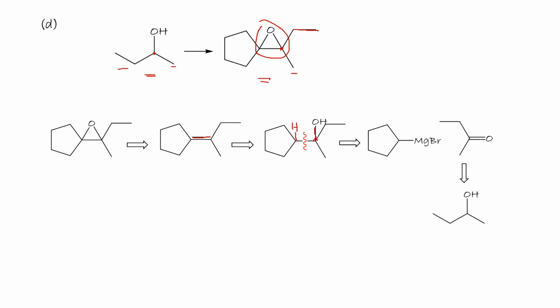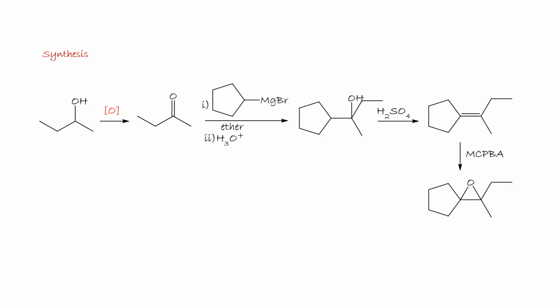We can get the alcohol by reacting a carbonyl, a ketone, with Grignard. If we cut here, this one will be the carbonyl and this one will be the Grignard. And the ketone, we can get it from the alcohol. Yes, we can do that. Here is butan-2-ol.